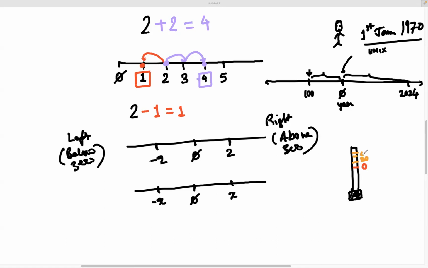So we have 20, 40, etc., and that tells us how hot the temperature is, or how hot the days are. And then below that we have negative values. So -20, -40, and this tells us how cold it is.